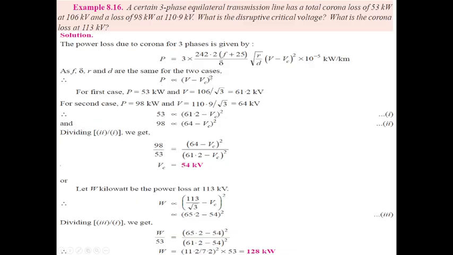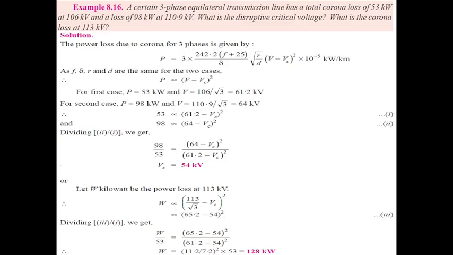First, the line voltages are converted into phase voltages by dividing by square root 3, giving 61.2 kilovolt for 106 kilovolt and 64 kilovolt for 110.9 kilovolt. Using the proportional relationship for the two known corona losses, we have these simple equations, and finally Vc is equal to 54 kilovolt.